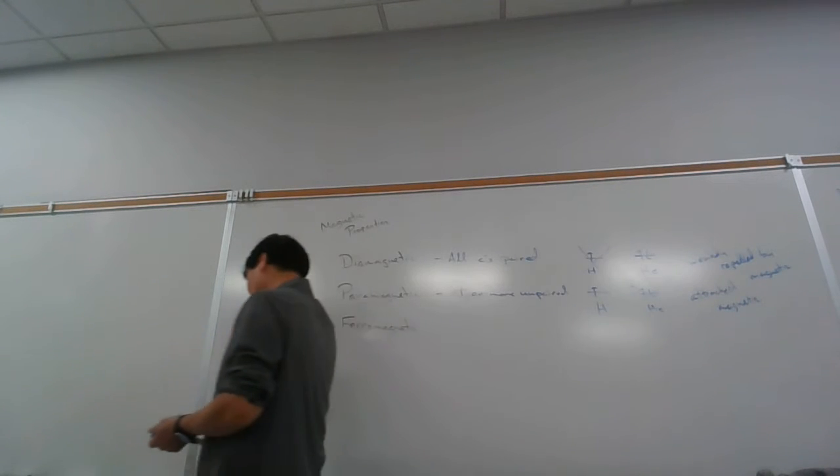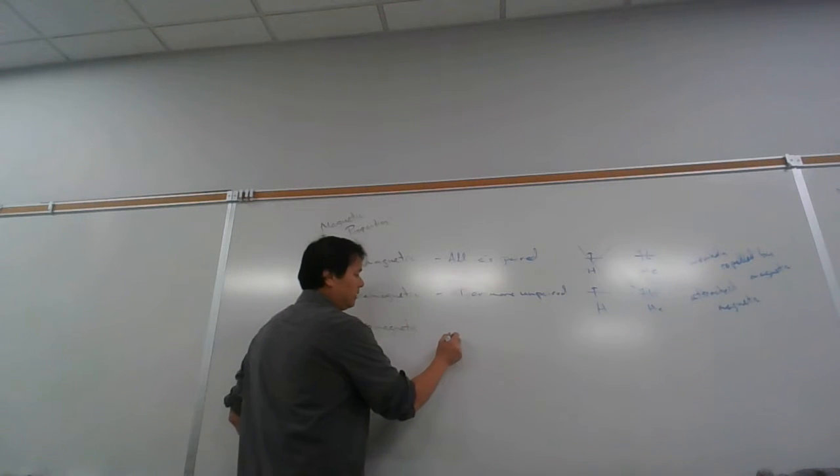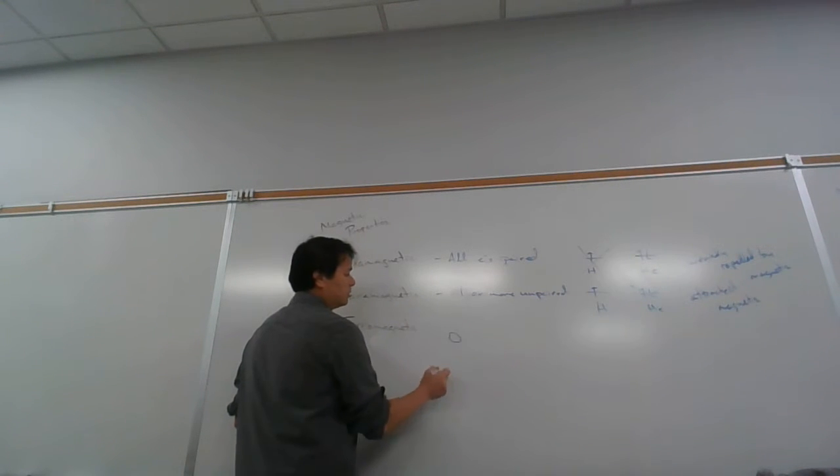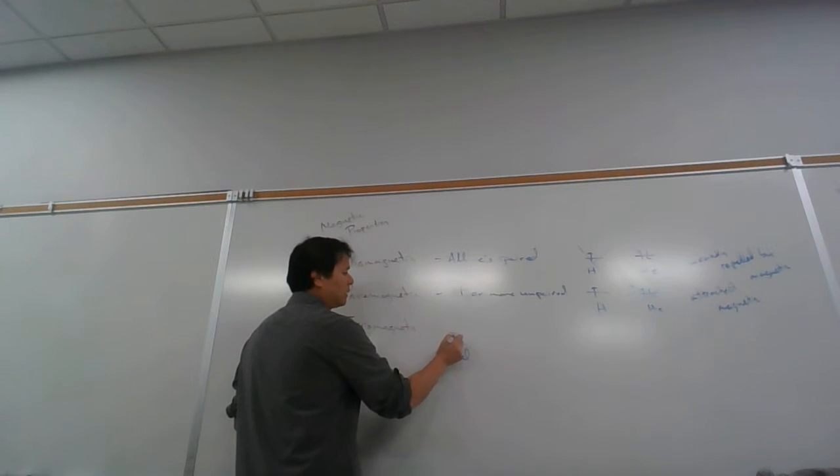Paramagnetic materials are interesting, where you have these little crystals. So this would be a little crystal here. Xtal just stands for a small crystal. And this would be paramagnetic.